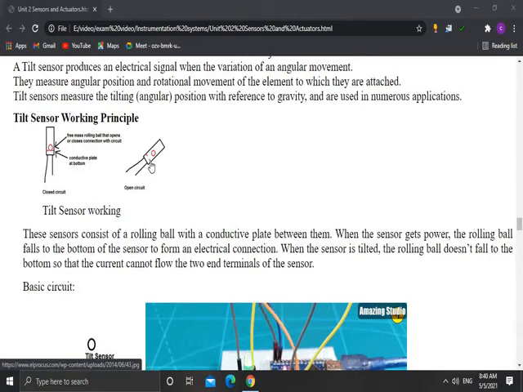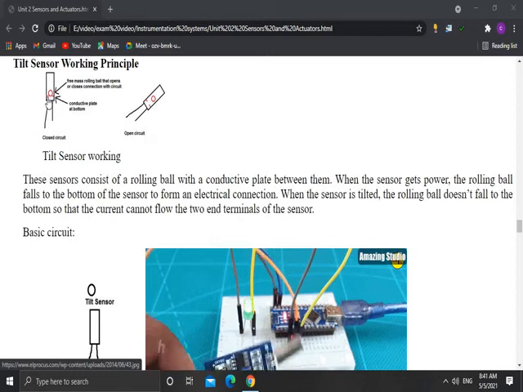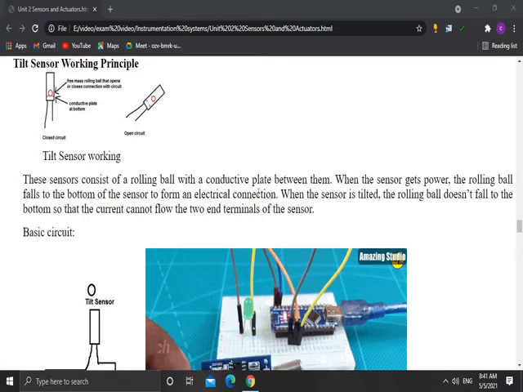This sensor consists of a rolling ball with conductive plates between them. So the rolling ball is inside and the conductive metal plate is also present in this tilt sensor. When the sensor gets power, the rolling ball falls to the bottom of the sensor to form the electrical connection.